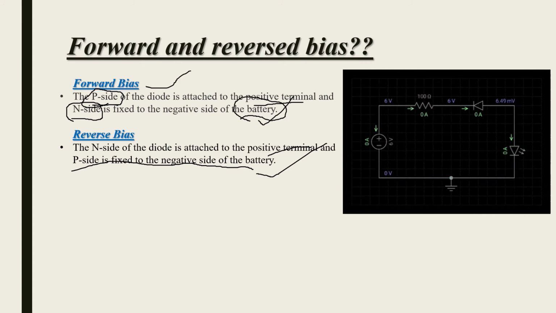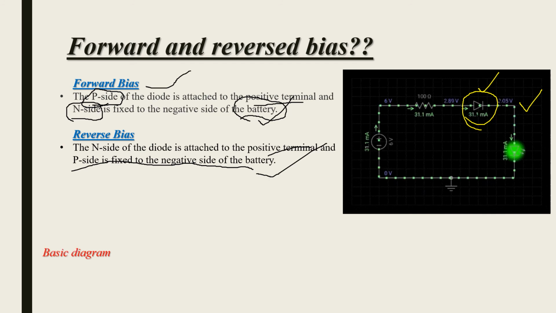Here you see this diode, ये जो डायोड आपको दिख रहा है, this one, let me change the color. ये जो डायोड आपको दिख रहा है, this one, यहाँ देखिए आपको दिख रहा होगा. Okay, first condition it is in forward, and second one when it is off, then it is in reverse bias. Okay, here are some basic diagrams.